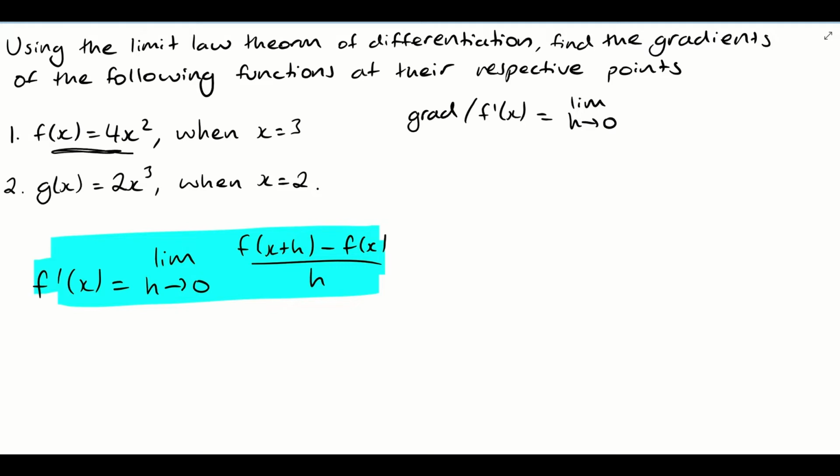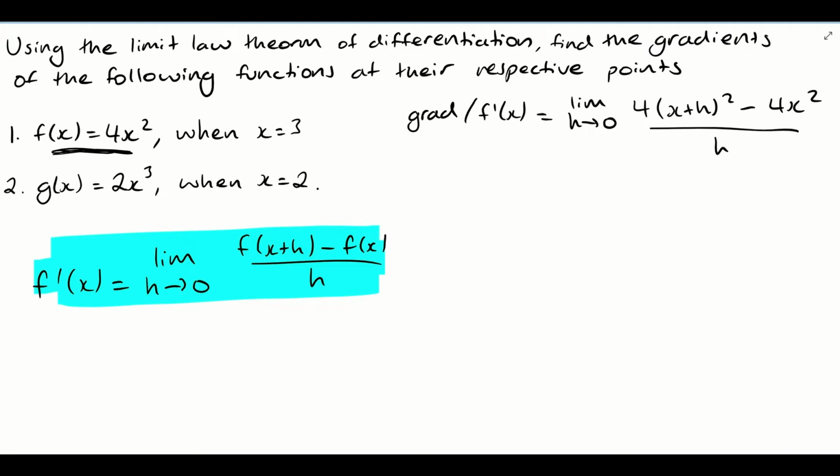So we know that f of x is 4x squared. So f of x plus h is going to be 4 lots of x plus h squared, and we will take away f of x, which is 4x squared, divided by h.